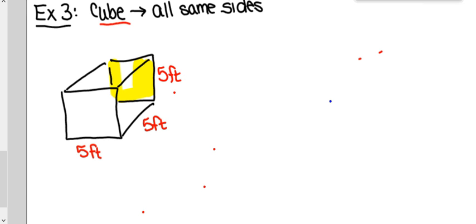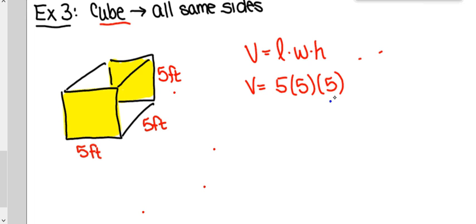Notice that these bases are still in the form of rectangles because a square is a rectangle. It has all right angles. So I can still use my formula of volume equals length times width times height. But what's special in this case is that my length, my width, and my height all measure 5.